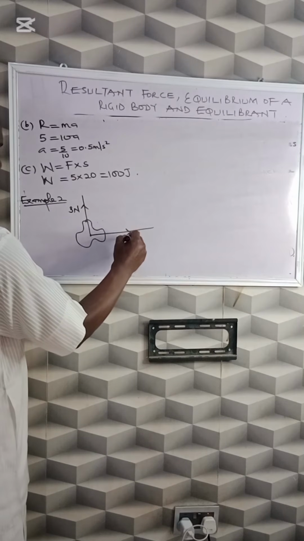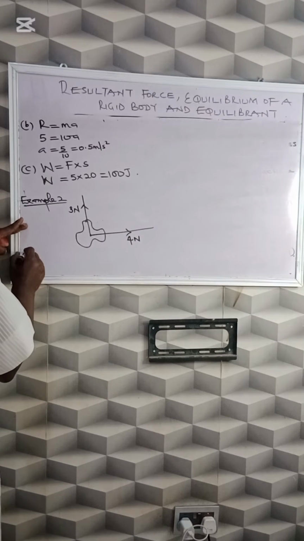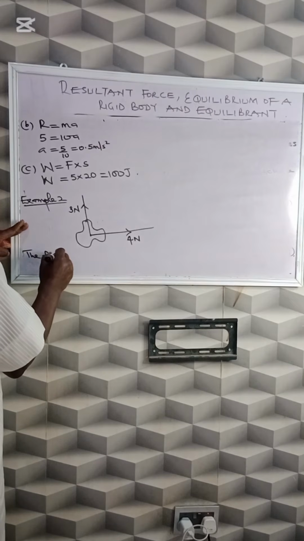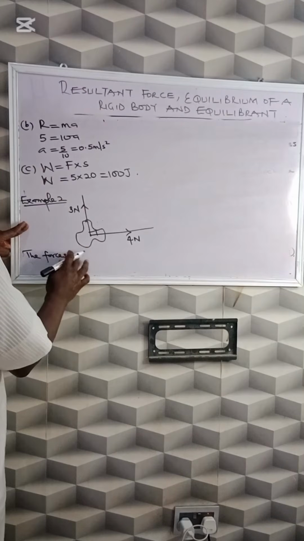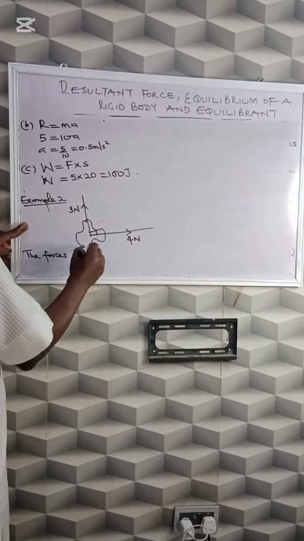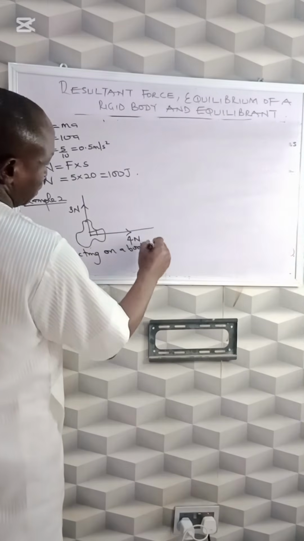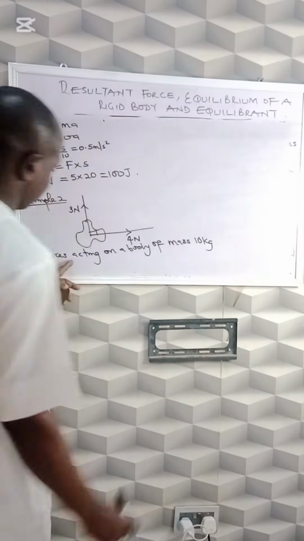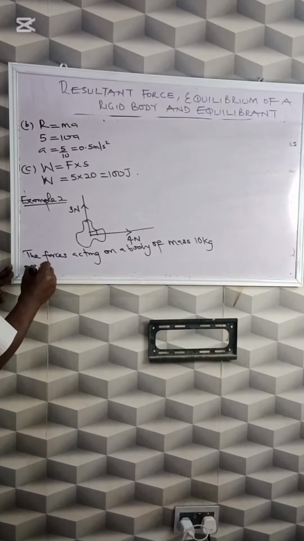This one is given to be 4 Newton. The forces acting on a body of mass 10 kilogram as shown above.